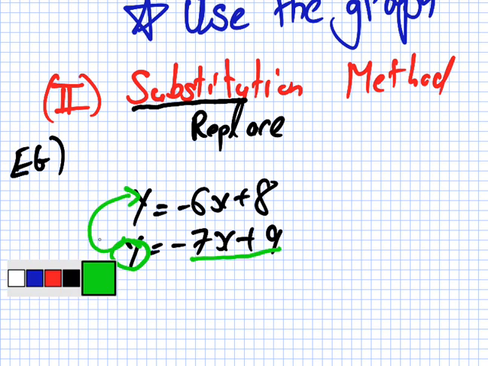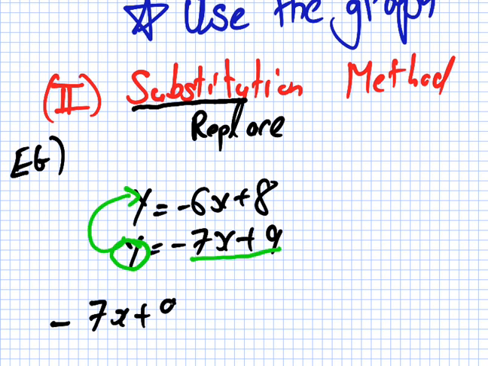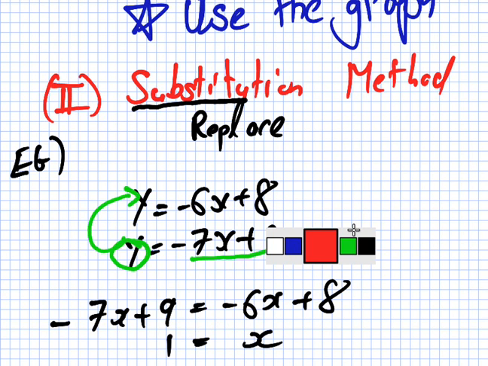So this means you get minus 7x plus 9 equals minus 6x plus 8, which is easy peasy. That x is 1. But how do I get the y?